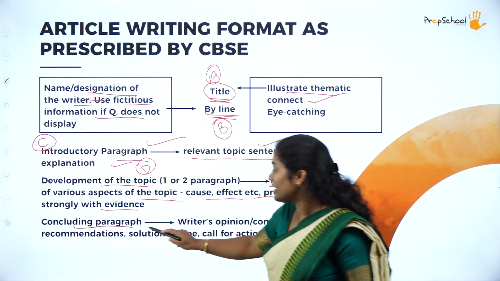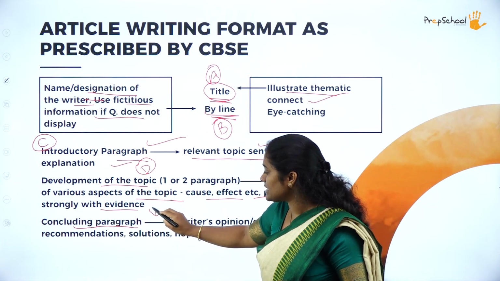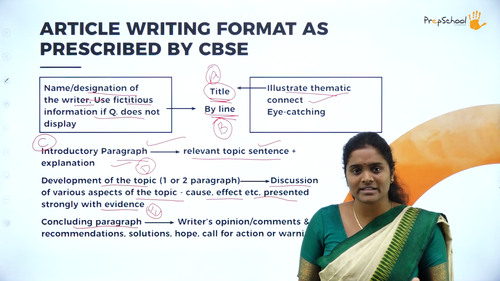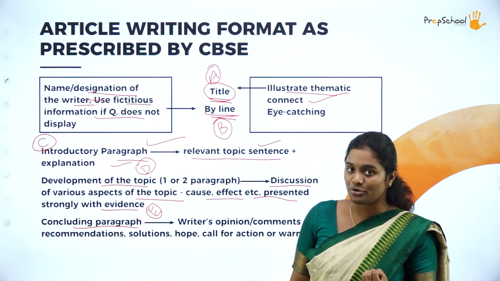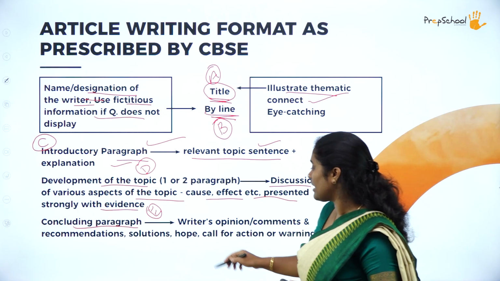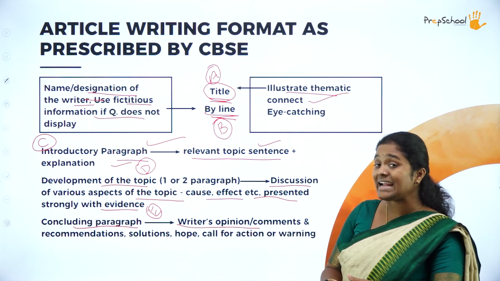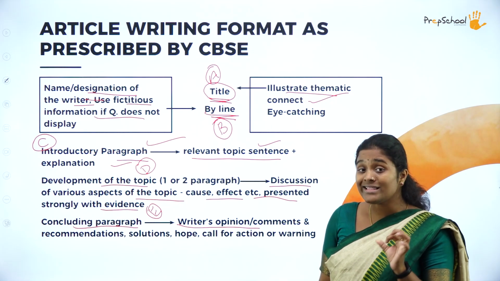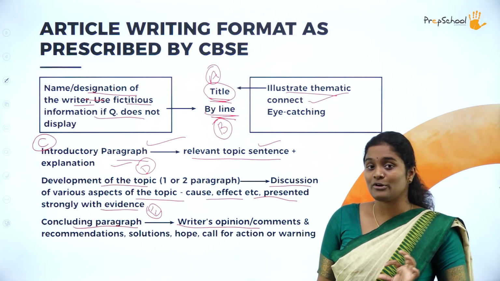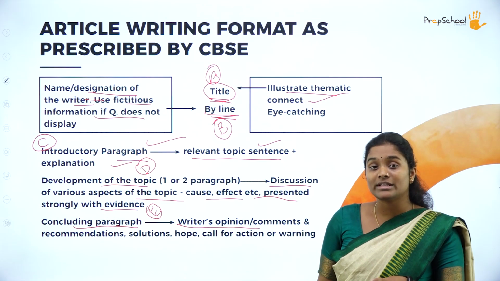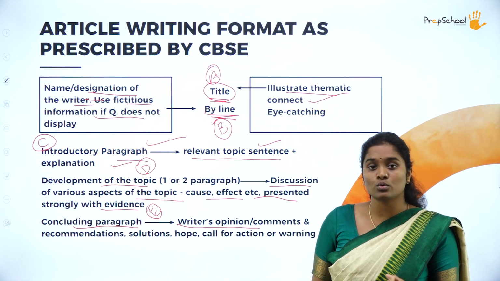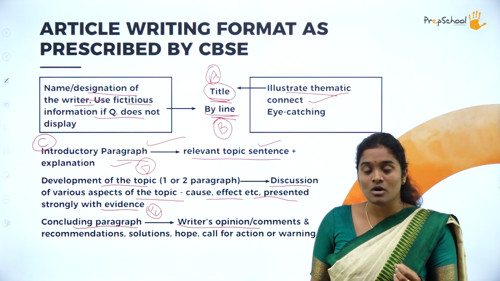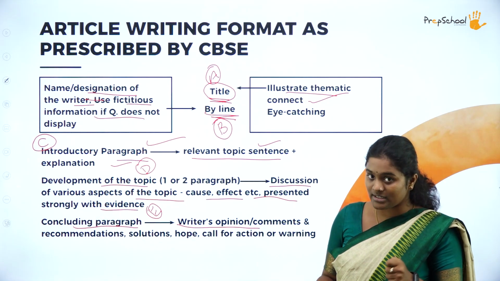Then in the concluding paragraph, A, B, C, D, E, let's keep it E. D includes a lot of things: discussion, development of the topic, cause, effects. It depends on the topic that you have chosen. Then in the concluding paragraph, it should have the writer's opinion or comments, okay? So one thing that is different, again, we'll talk about it later as well, article and report, is that an article will include the opinion, observation or comments of the author, of the writer who is writing the article, right?